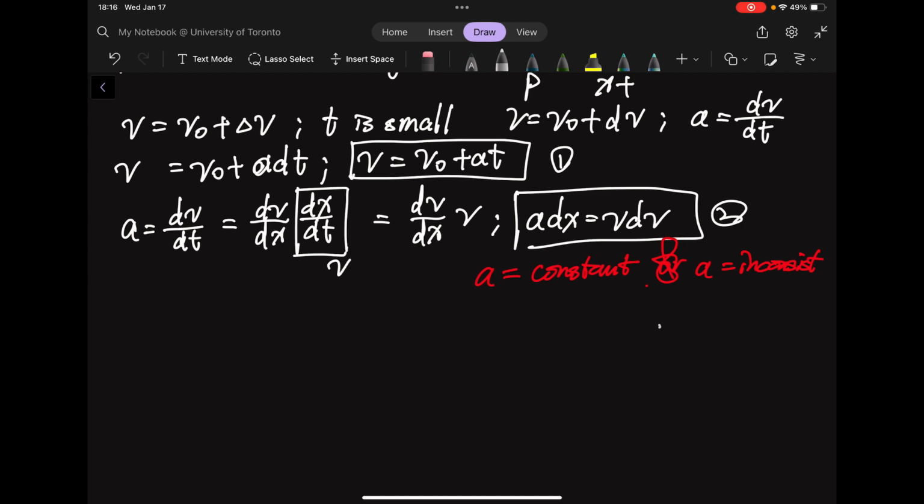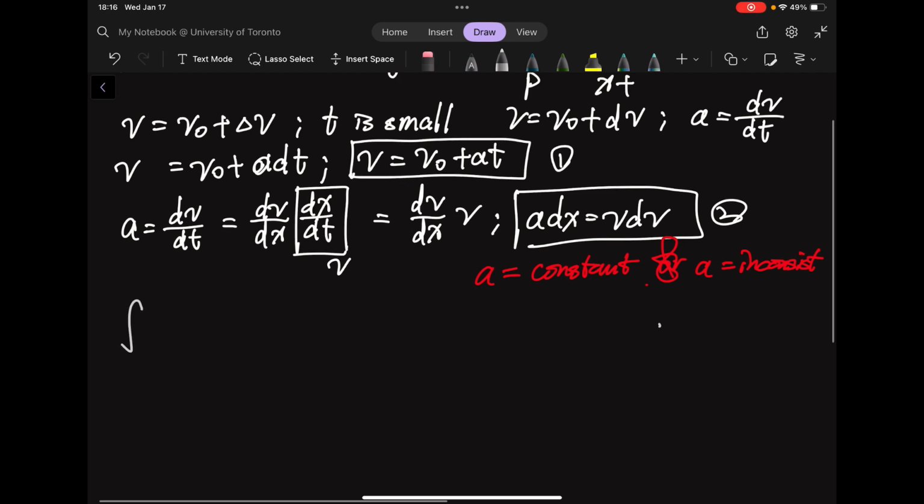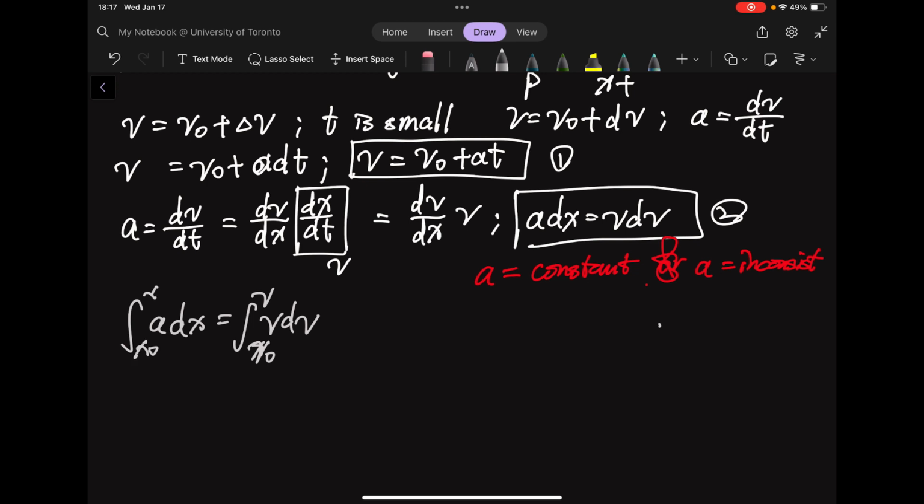The third equation comes from the integral of equation number 2. The boundary conditions will be V0 to V and x0 to x, because if acceleration is constant, we can take it out of the integral.